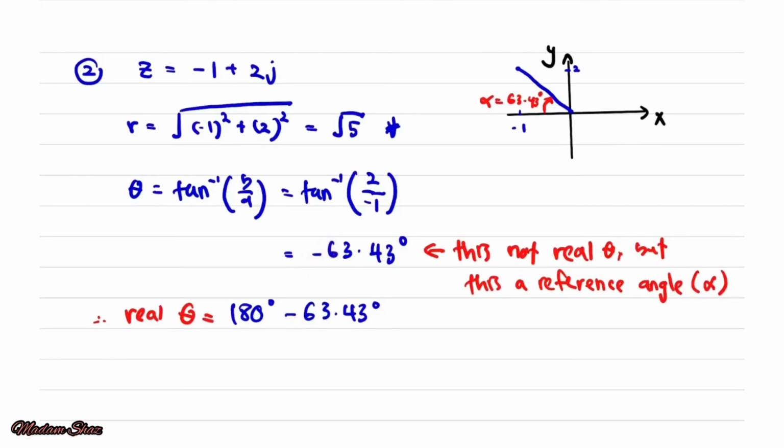We minus because we want to know the real theta from the positive x-axis until the complex number. So 180 minus 63.43 will become 116.57 degrees. So this is the real theta for this complex number.